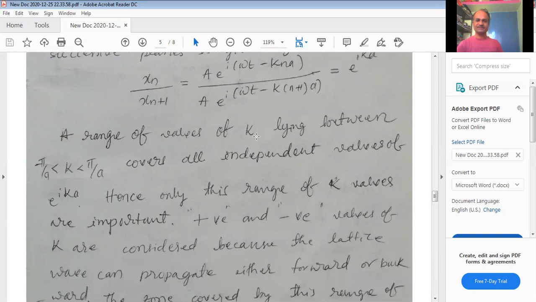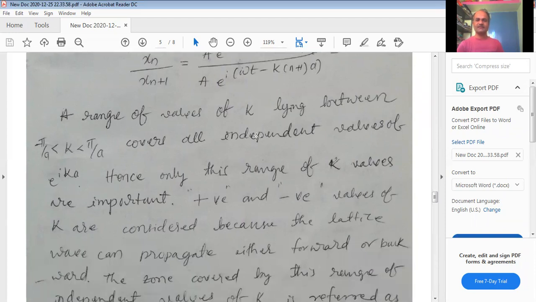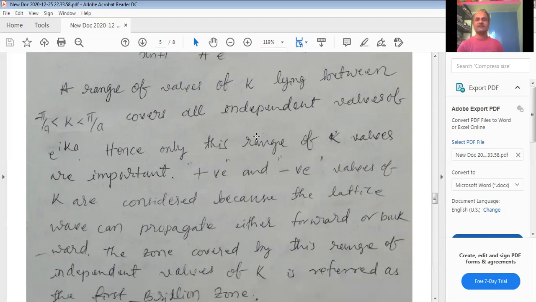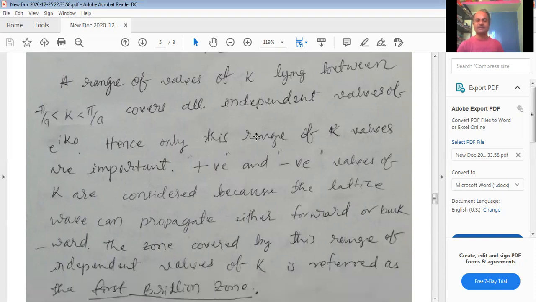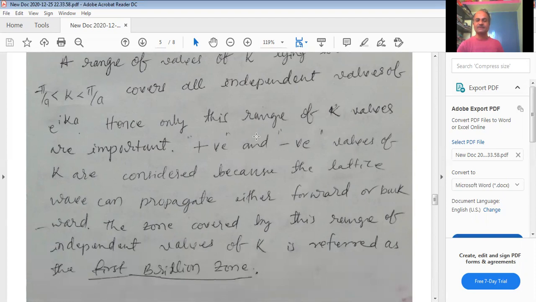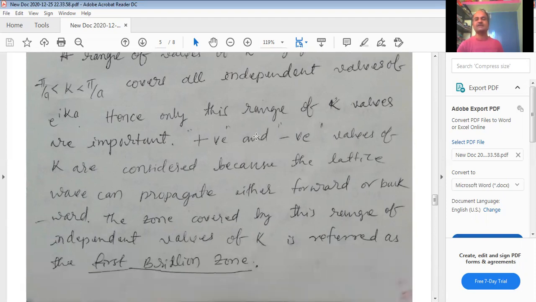So this tells that a range of values k lying between k is equal to pi by a and minus pi by a covers all independent values of e raised to ika. Hence, only this range of k are important.